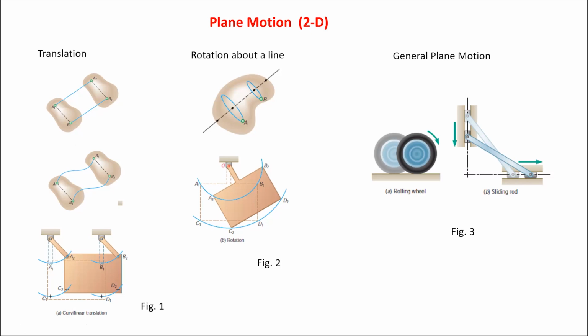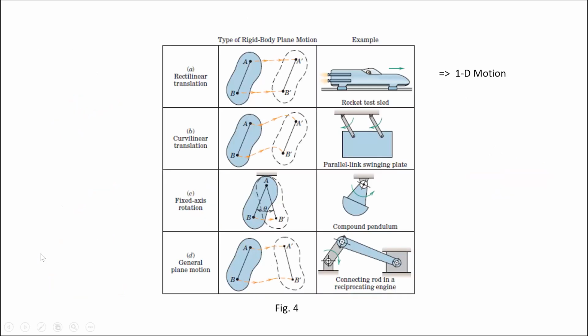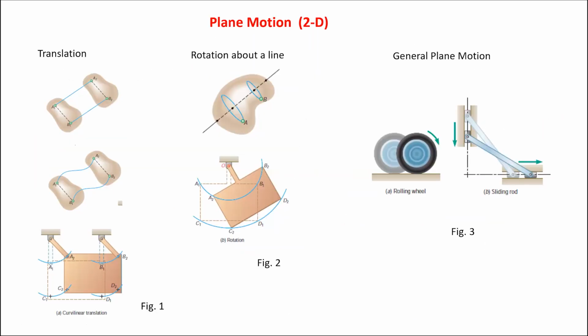The orientation is not changing, but each particle here is executing a circular motion along a curve. Though you may think the orientation is changing, it's not. The body always keeps the same orientation, and each point can move along a curved path.